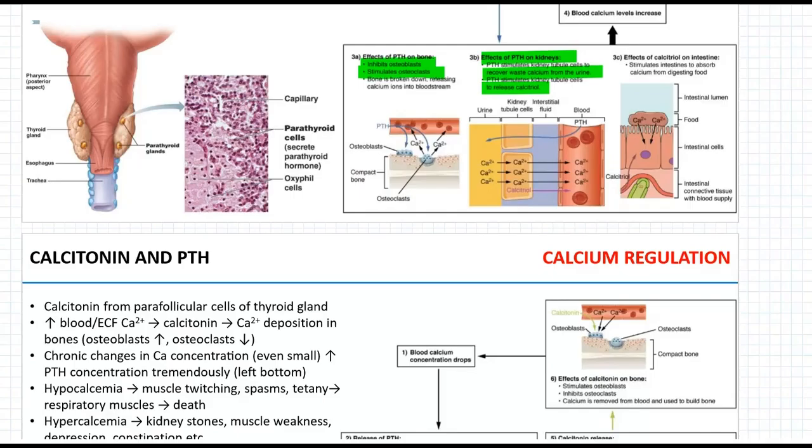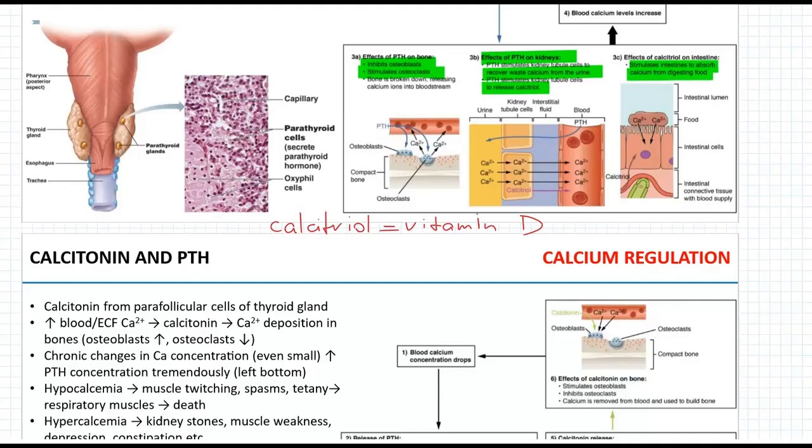Just a little note, I'm going to put it over here. Interestingly enough, calcitriol is a hormone, because calcitriol, in turn, acts on your intestines.